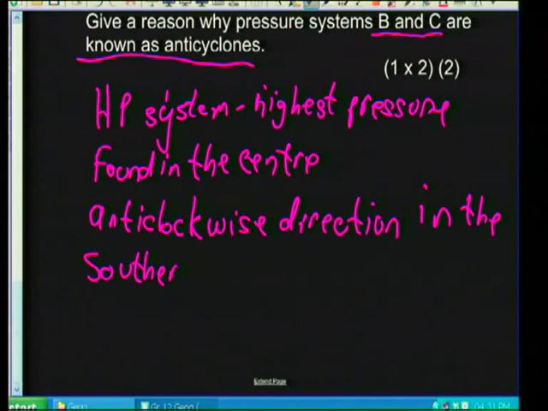And we'll use the southern hemisphere because it's showing us a map of South Africa, or southern Africa, which is in the southern hemisphere. We don't talk about the northern hemisphere in terms of this answer. You can look at the general things about your high pressure systems. There's various other answers, but any one of these would give you 2 marks. I'm sorry I'm not giving you the other options here, but there are so many questions we need to go through.